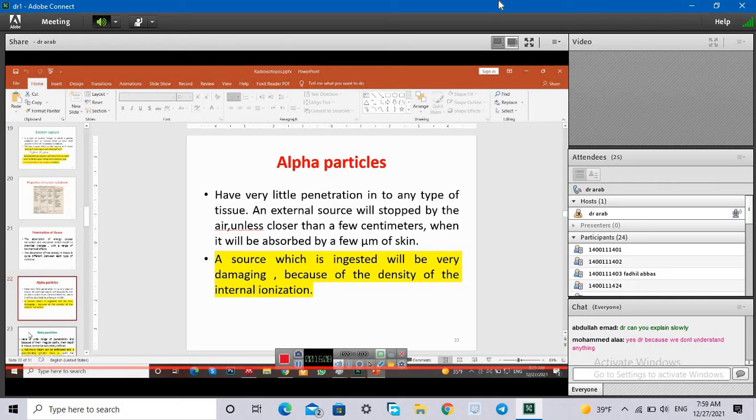But with an external source that emits alpha particles, due to absorption of alpha particles into your skin, and because they don't enter your body, it is not very dangerous. But when you ingest the source that emits alpha particles, this particle can directly damage your cells.